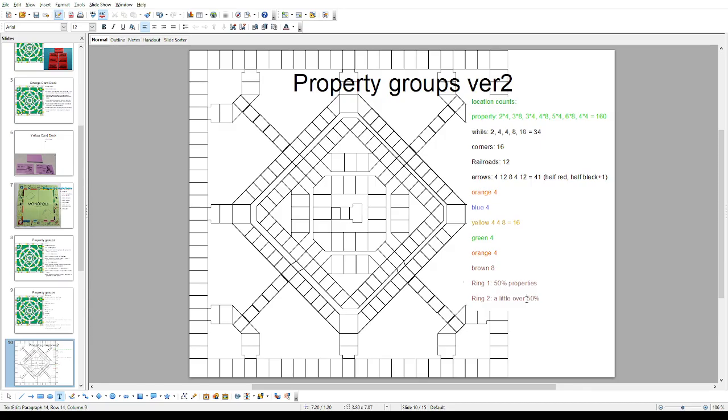Oh, 9, right. Okay, so about 53%. You know what? The target was 55. That's actually about right.